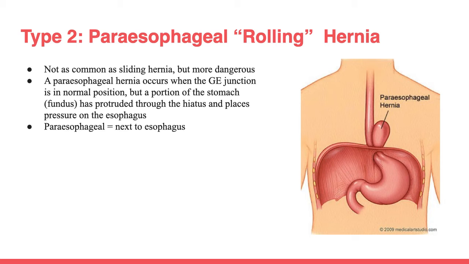The paraesophageal hernia occurs when the GE junction is in normal position, but a portion of the stomach or the fundus has protruded through the hiatus and places pressure on the esophagus. The word paraesophageal stands for next to the esophagus, so it goes on the side of the esophagus, as you can see in the picture on the right side.